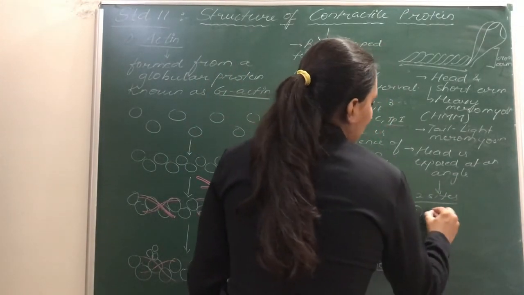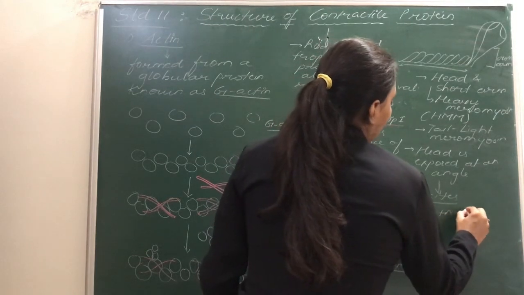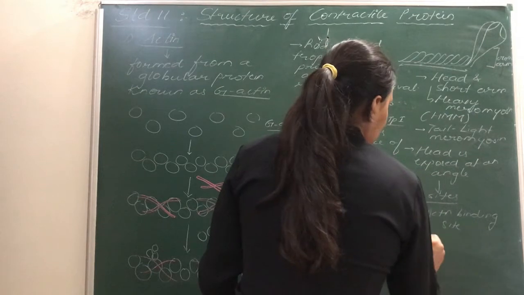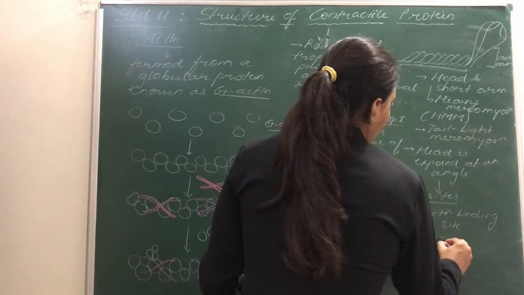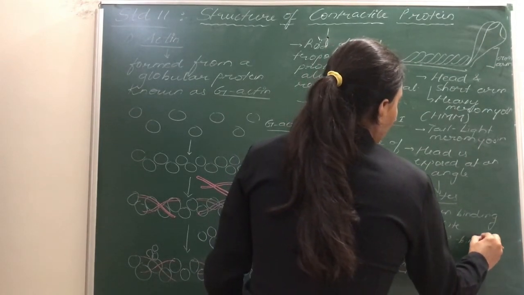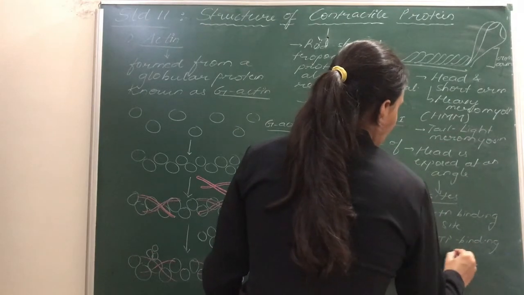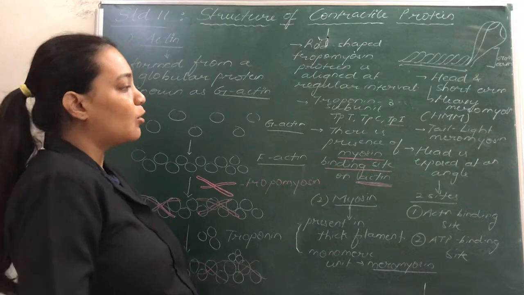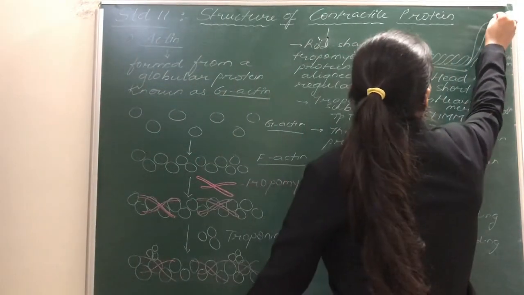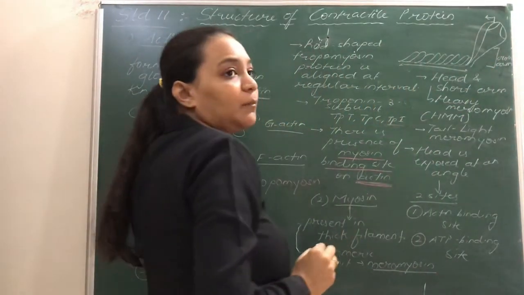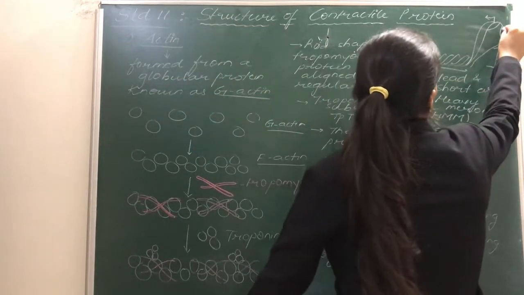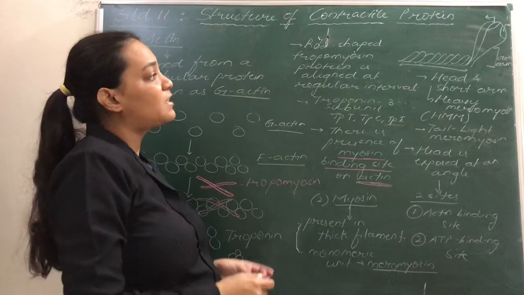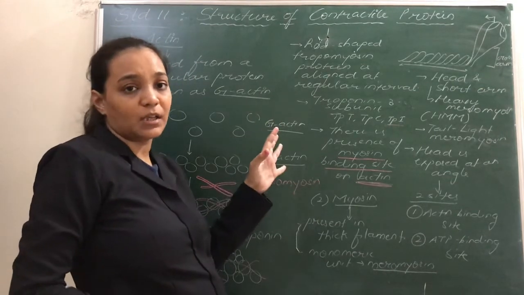One is known as the actin binding site, and the second one is known as the ATP binding site. So there are two sites in the myosin. You can label them: one is the actin binding site, and the second is the ATP binding site. Such two sites are present in the structure of myosin.